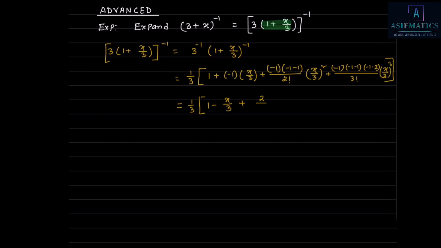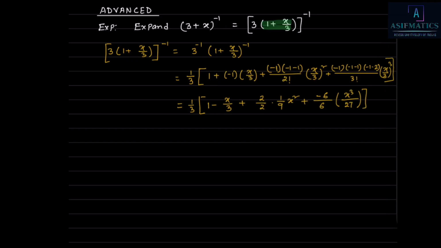So 2 by 2 into 1 by 9 x square, x by 3 x square by 9. Then we have plus, we can write 2 and 1, 3 and 2, 6. So minus 6 divided by 6, factorial 3 means 6.